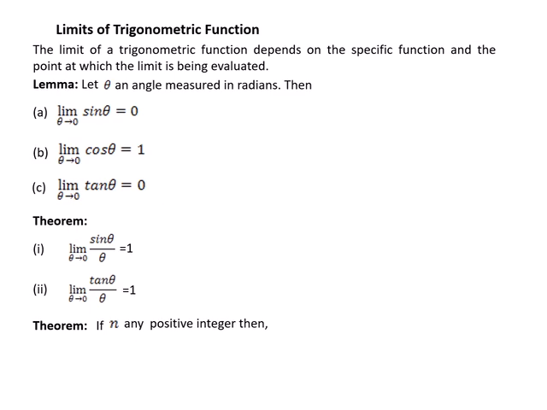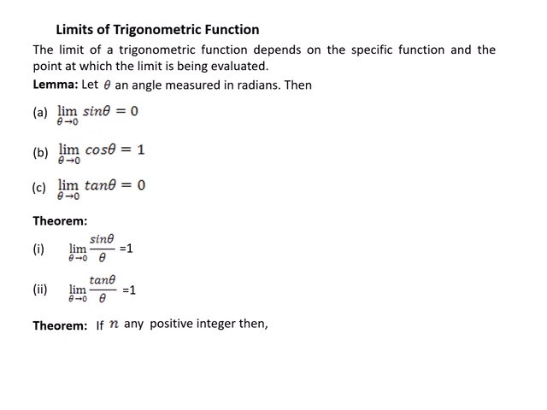You can get that using your calculator. By the time you substitute the value of theta into all these trigonometric functions, you will be able to get all those facts. So you can try that.